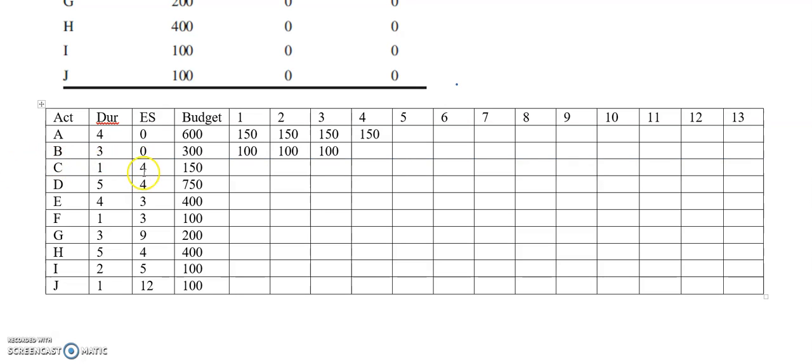So the meaning of early start is the end of day 4 and start of day 5. So it should be here. It is only one day, so it is 150. D is also here. It is 750 divided by 5, so it will be 150, 150, 150, 150, 150. Okay, I will continue this example in the next video clip.